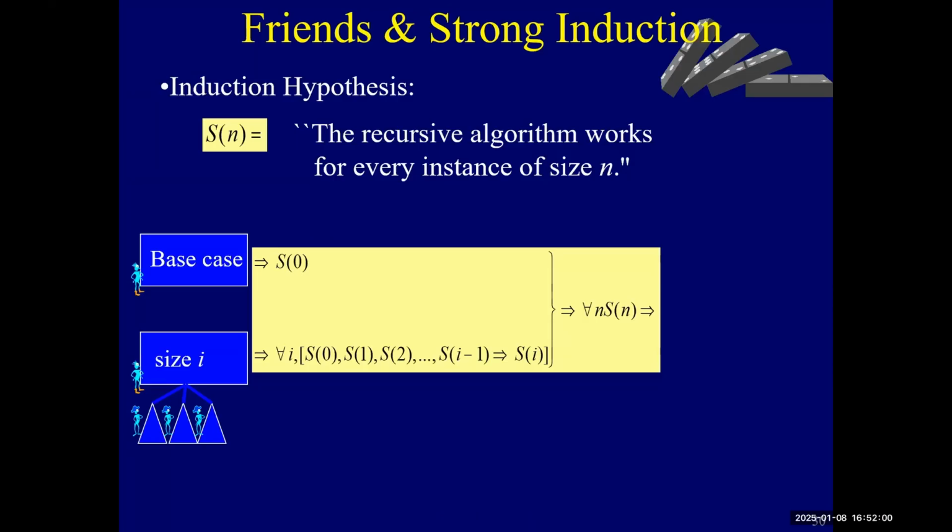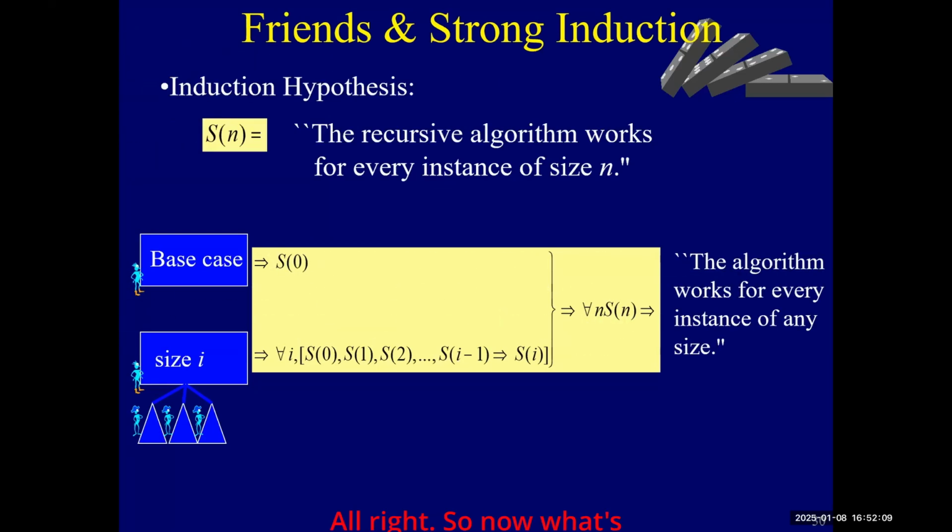And then what do we do? All right, so now what's this statement here? Well, you give me an arbitrary i. I want to prove it for all i, so you give me an arbitrary i, and I then get to assume that S of 0 to S of i minus 1 are true, right?